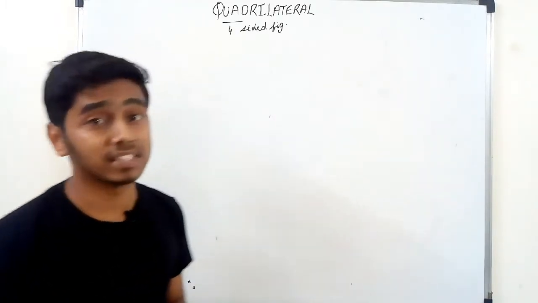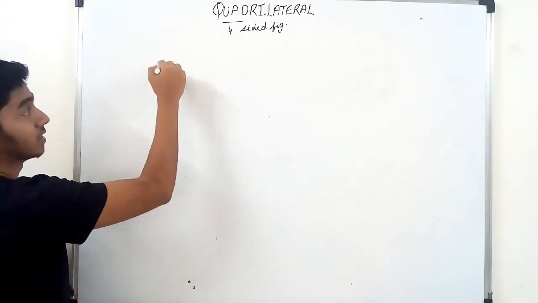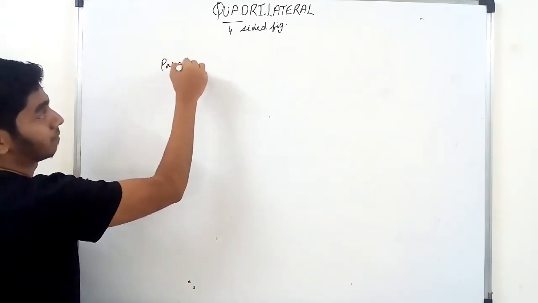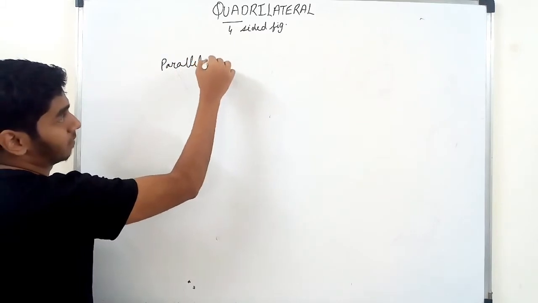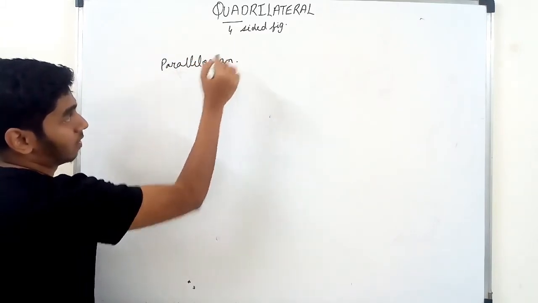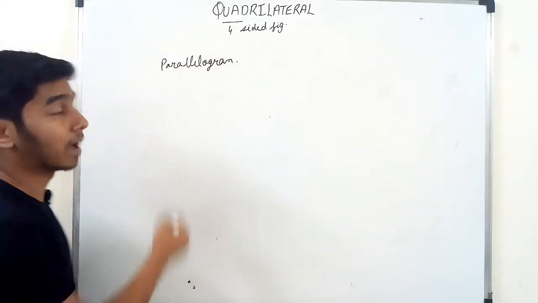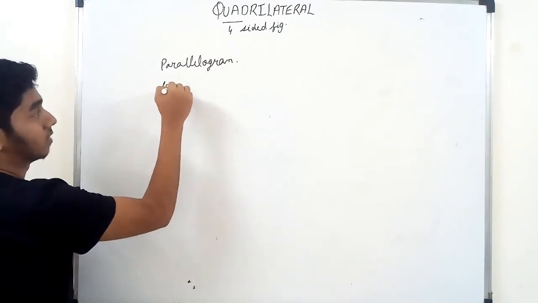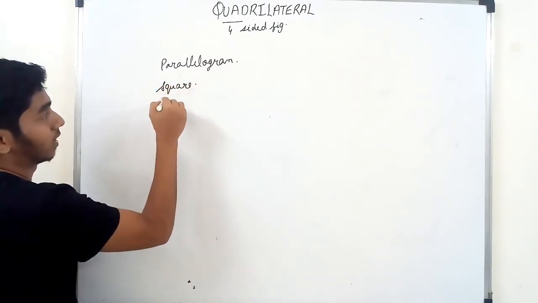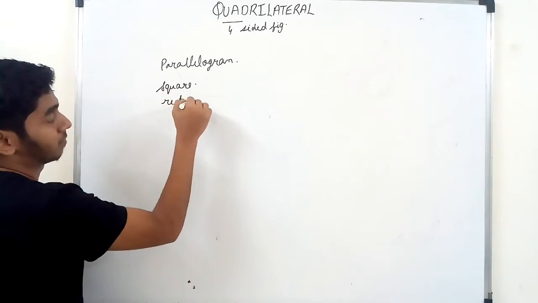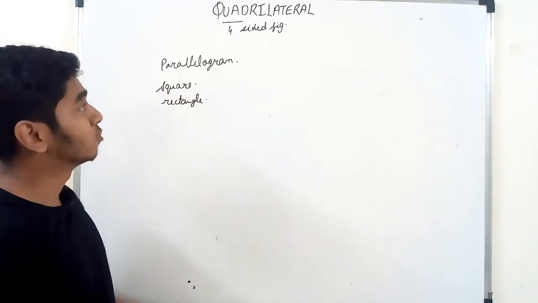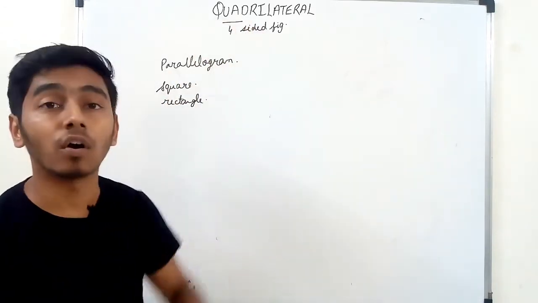For example, first example, parallelogram. You might have heard about this. Then square, then rectangle. These are examples of quadrilaterals.